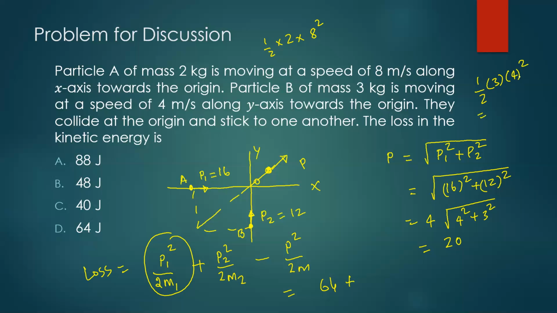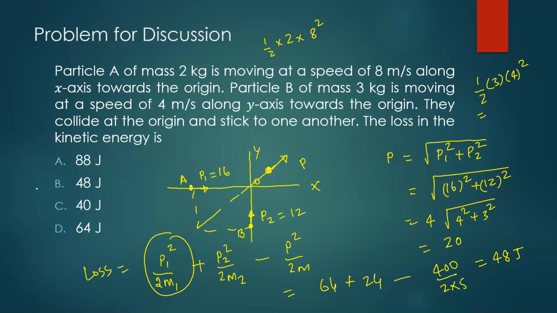So that is how much? 24. And for this, I think p square by 2m is nice. So p square is 400 by 2 into total mass, 2 plus 3, 5. So that is 40. So this is 88, and then minus 40. So we should get 48 joules.